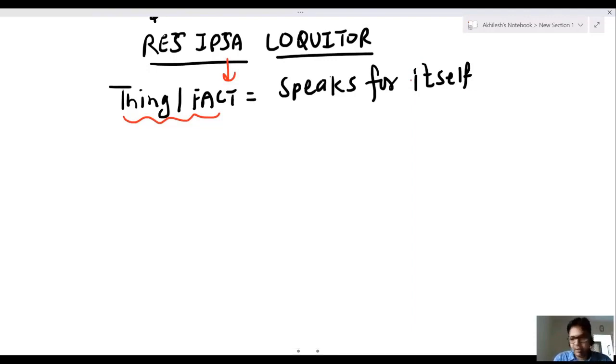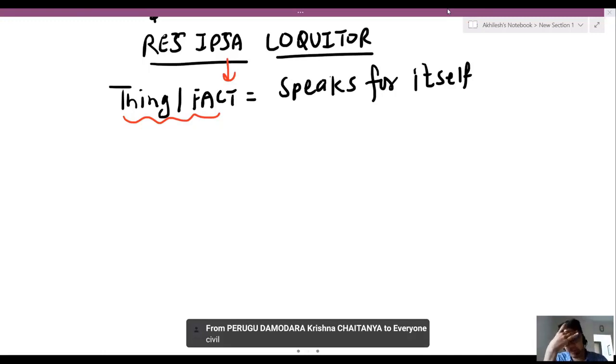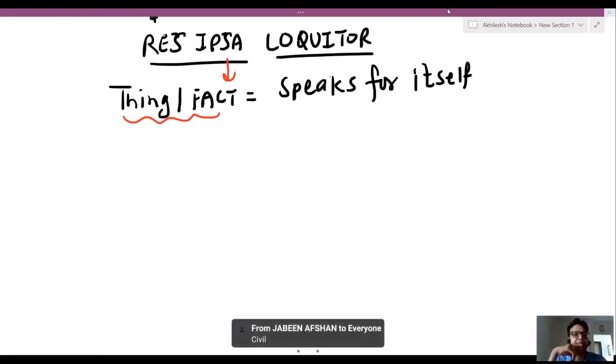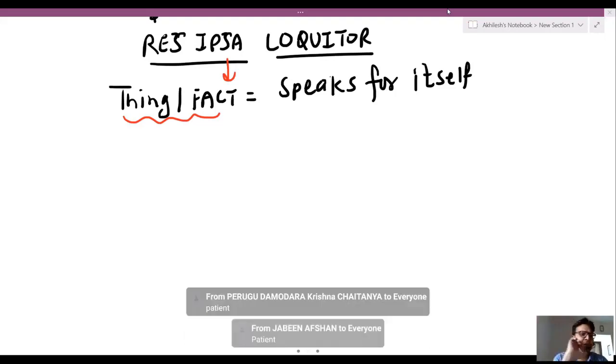Now I'm going to take a break. I will just ask you some questions. Is tort an example of civil negligence or criminal negligence? Tort: civil negligence. Burden of proof in civil negligence, who has to prove?